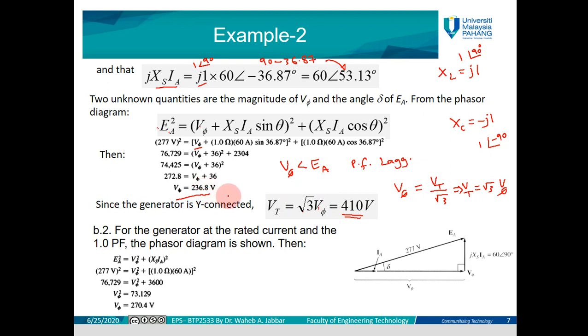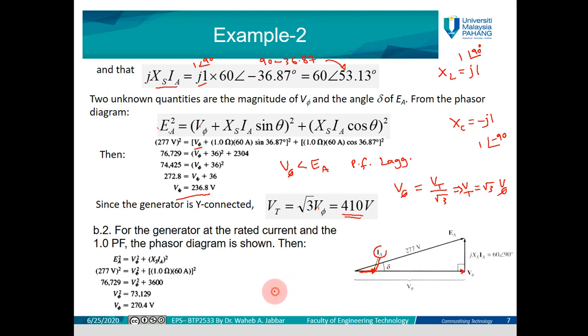236.8. So again, we are going to redraw the phasor diagram for the case of power factor equal to 1. If the power factor equals 1, you can see here this is IA, this is the line of IA. It is in phase with V phase. So both are in phase, which means the angle between them is equal to 0.